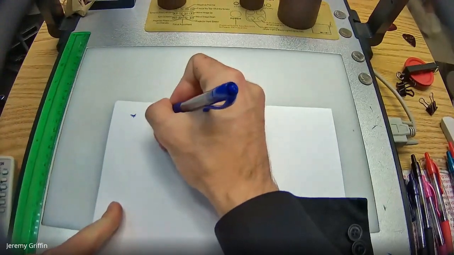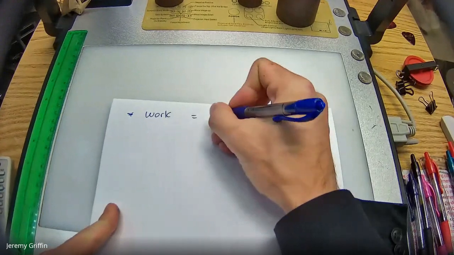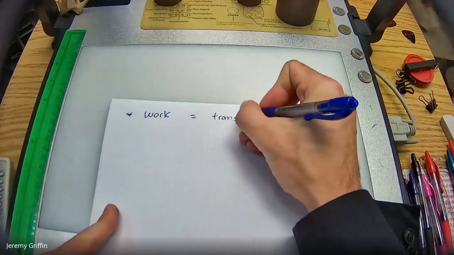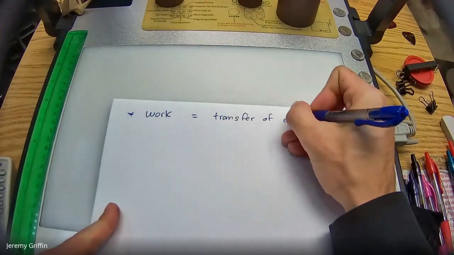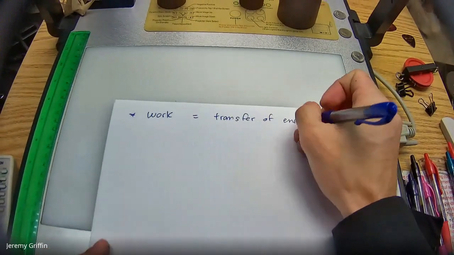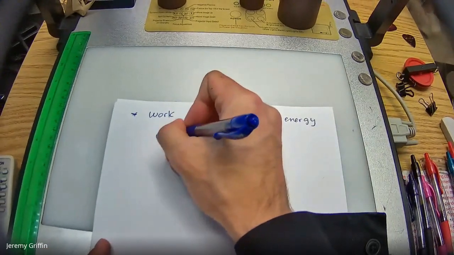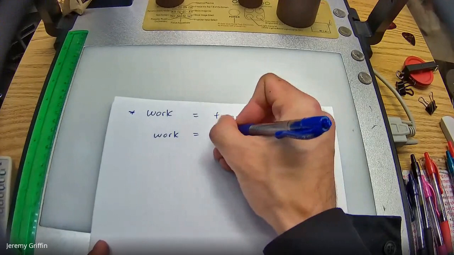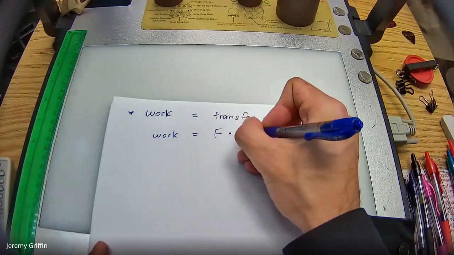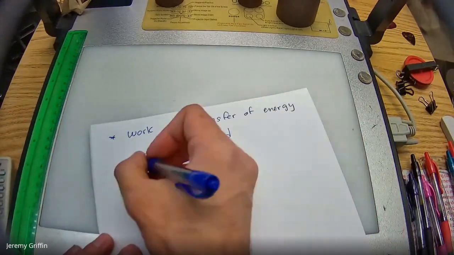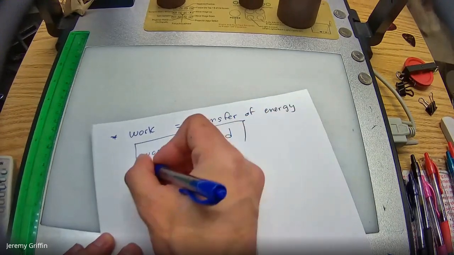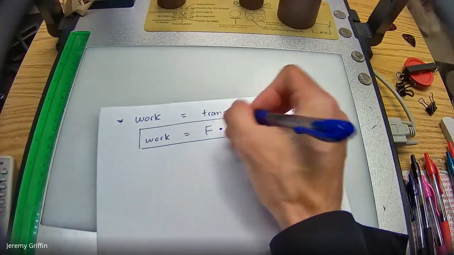Work is equal to force times distance, but there's a particular way that I'm writing this. Do you see that big old dot between the F and the D?